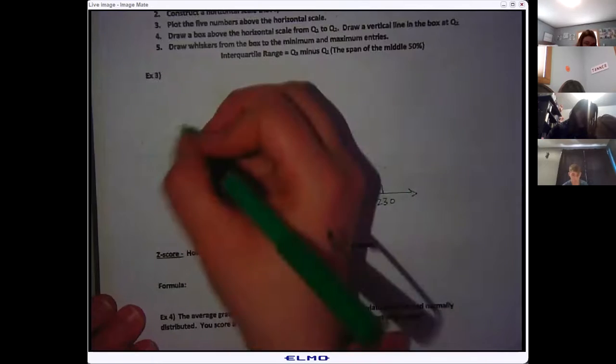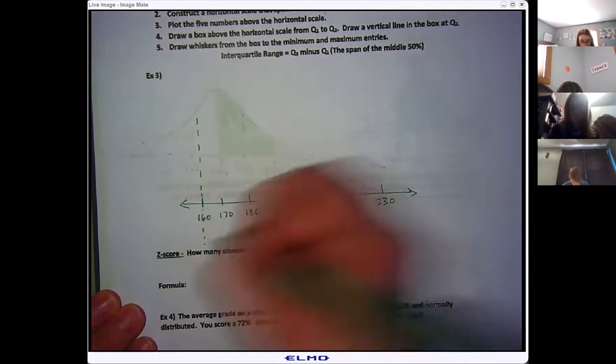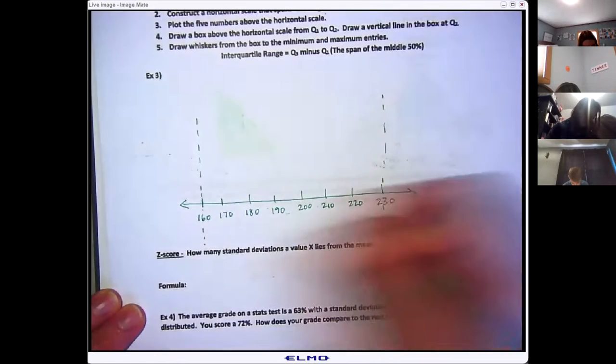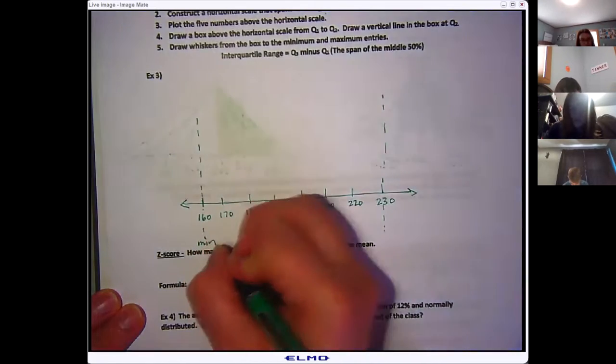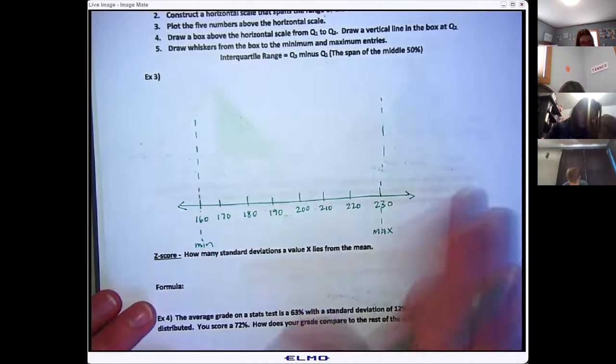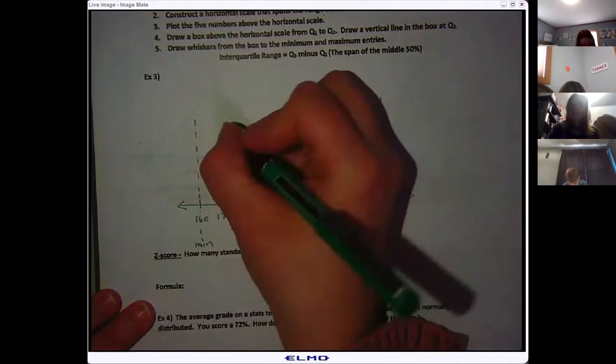And then some people just draw it above the number line, but I think it's easiest just to draw dotted lines and then fix the dotted line. So here's my minimum, which is 160, and here's my maximum, which is 230. Let's see, Q1 is 173.